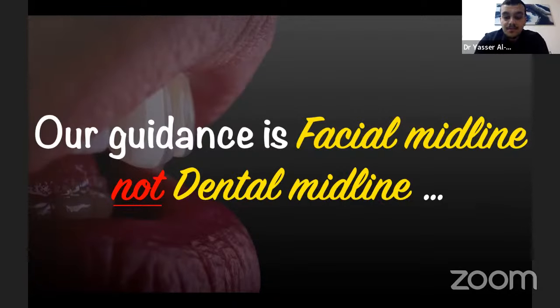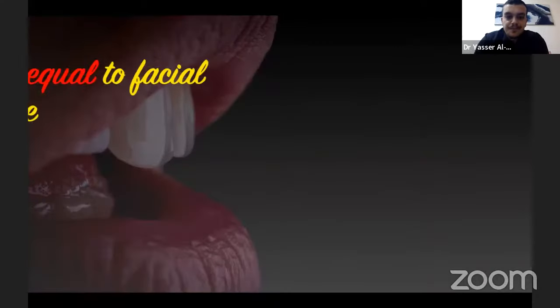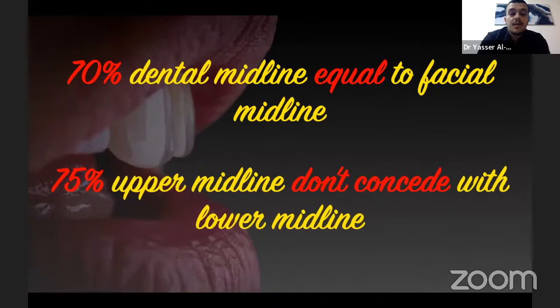So we don't obtain the midline from the dental, no, from the facial midline. Many studies show that in 70% of cases the dental midline is equal to the facial midline, so it's a big percentage of symmetry.